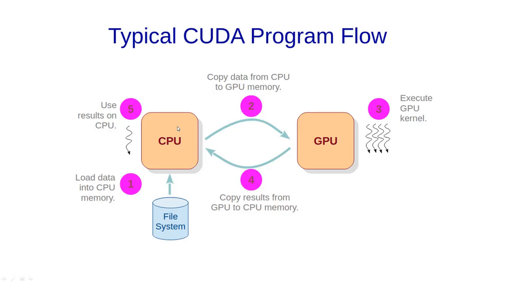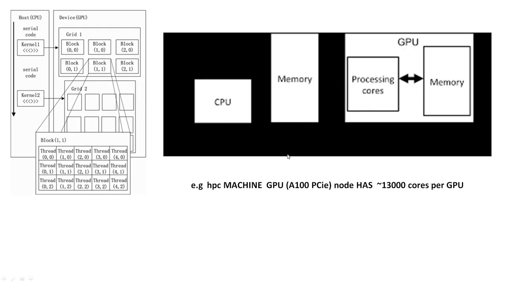First the data is in the CPU memory, they are relocated to the GPU memories, and after the kernel is launched and calculation is done, the results are brought back. This is basically memory copying from host to device and device to host, and then we see the results in the CPU.